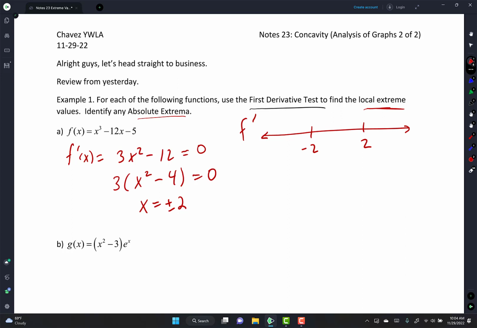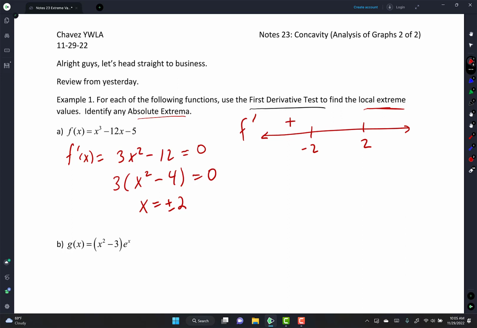So if I put in like -10, -10 squared is 100. 100 minus 4 is 96. All you care about is positive or negative. Positive times a positive is a positive. I'm going to plug in a number between -2 and 2, like 0 or 1. I think 0 is easier, but if you want to use 1, that's fine. 0 squared is 0. 0 minus 4 is negative.